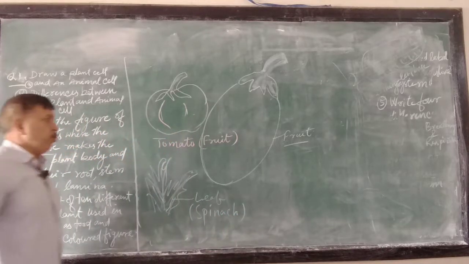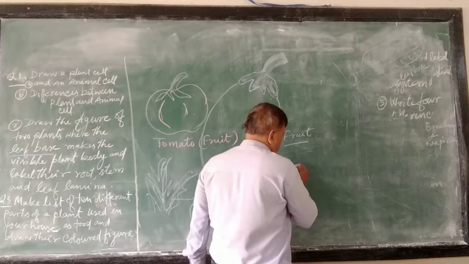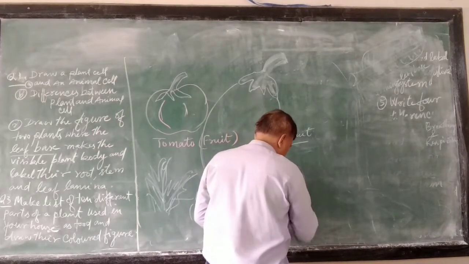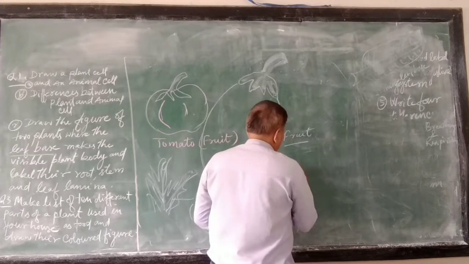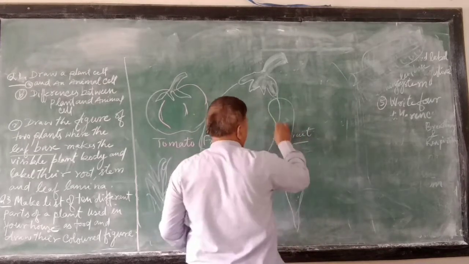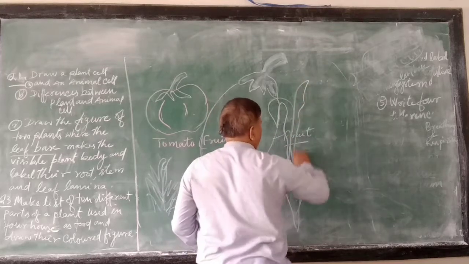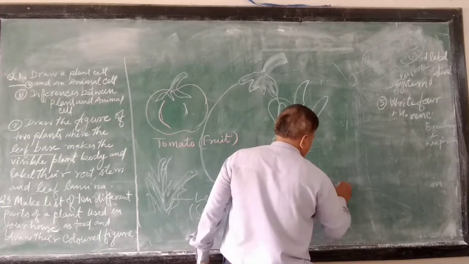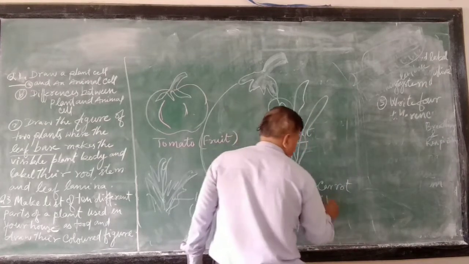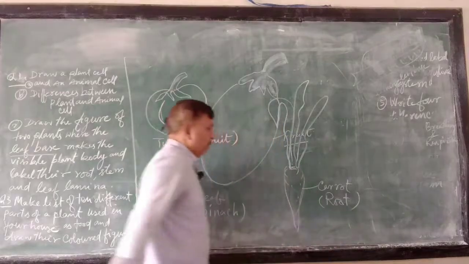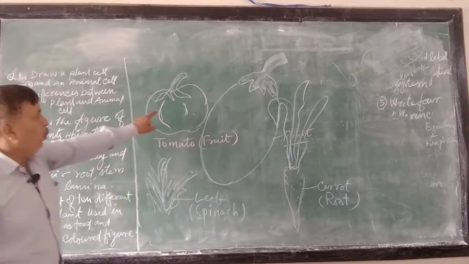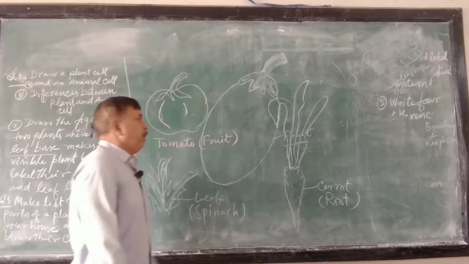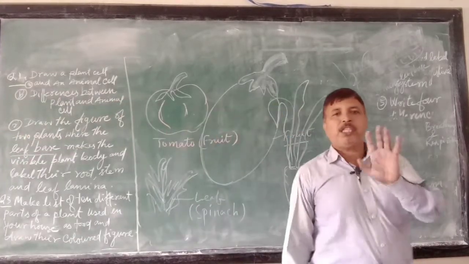You use some of the roots, and this is a carrot. This makes the root, clear. So how many have I drawn? 1, 2, 3, 4. Now, this way you have to draw the figure of 6 more.